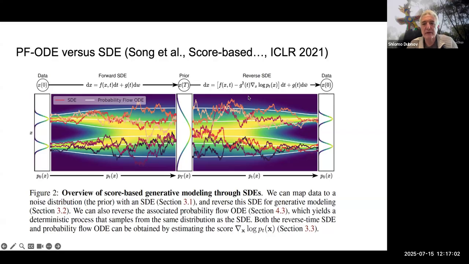So the whole secret is really this score function estimation. Now, if we want to use the ODE, we can reverse that probability using ODE, and we showed this example in the previous notebook. This way we can use a deterministic process. And again, they both use the same score function.